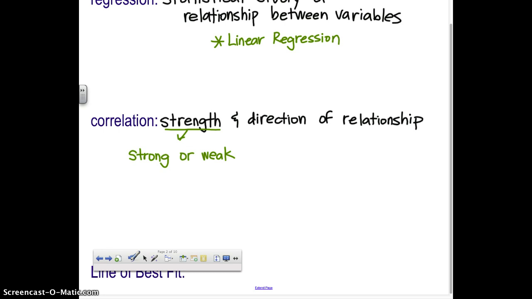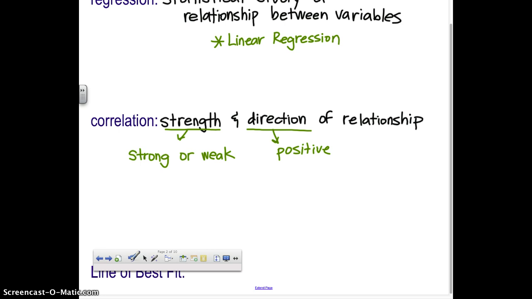How well or how tightly does our data group around a particular line? How close is that relationship? That's the kind of things we're talking about when strong versus weak. Okay? And then the direction. Positive or negative. That's looking at the slope a little bit, the slope of a particular line.